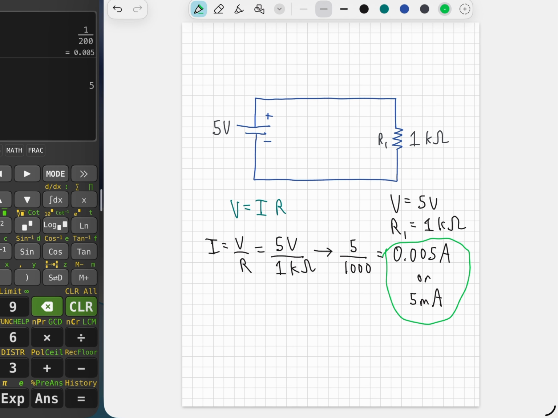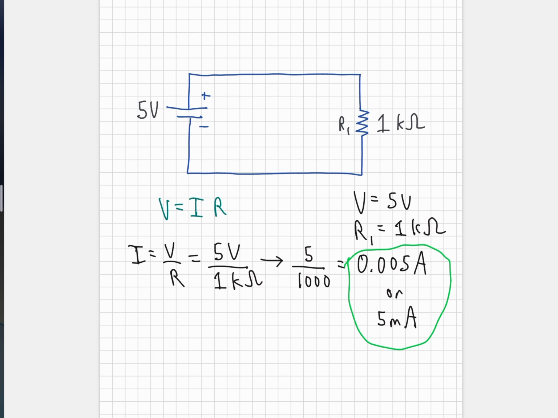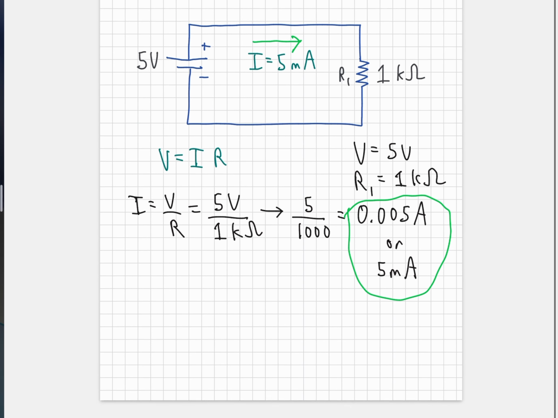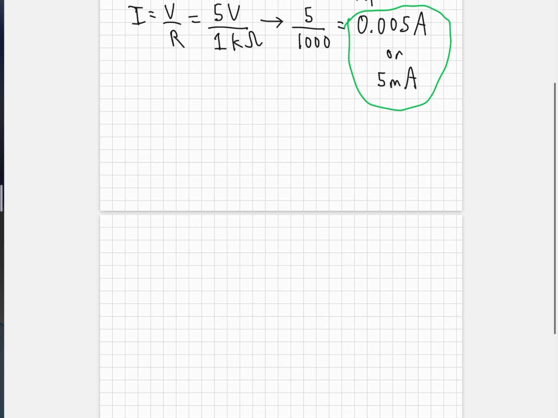We discussed already that the current is coming out and going this way. With that knowledge, we can say that the current, which is traveling this way, I equals 5 milliamps. Okay, so we're doing good so far.